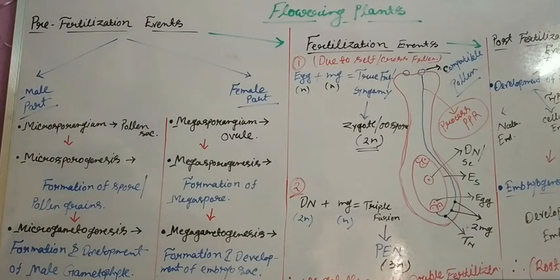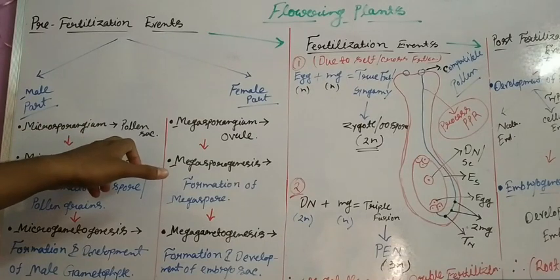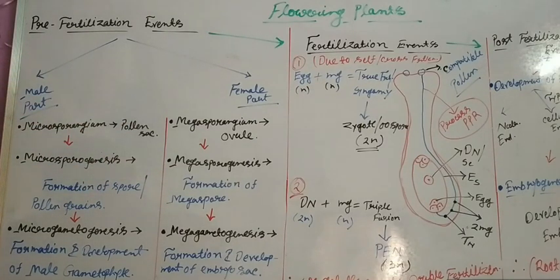First one is microsporangium. What is microsporangium? Normally it is a pollen sac where the pollen grains develop and mature. After the microsporangium or pollen sac, next we see the microsporogenesis process.